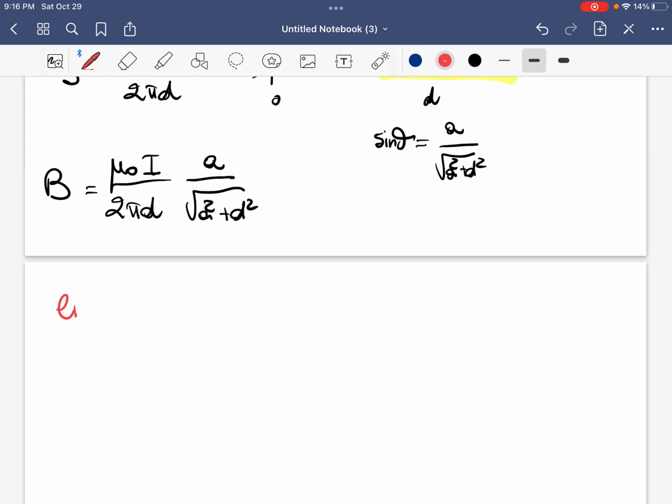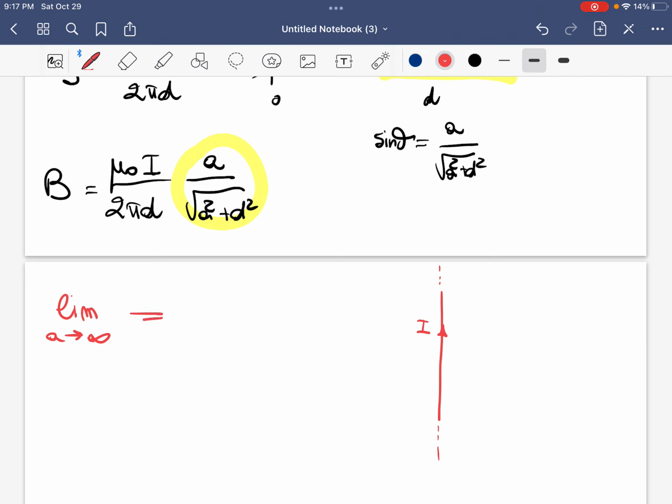But now let's imagine that my wire is infinitely long. So for the limit for A approaching infinity, you will have a wire that is infinitely long above and below. And let's say that the current is pointing upward. When I take the limit of this ratio, that is equal to 1.